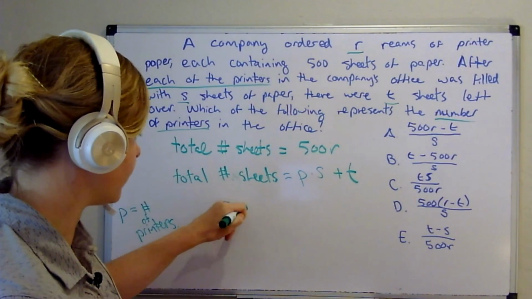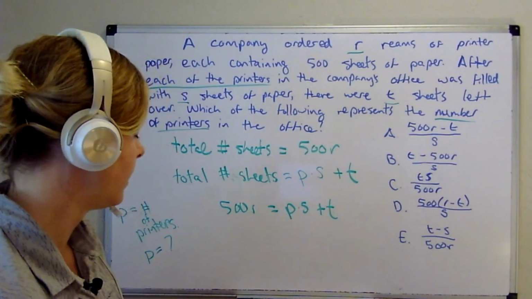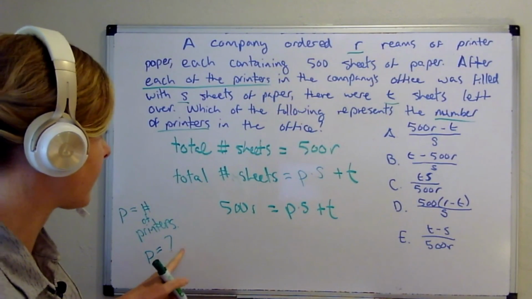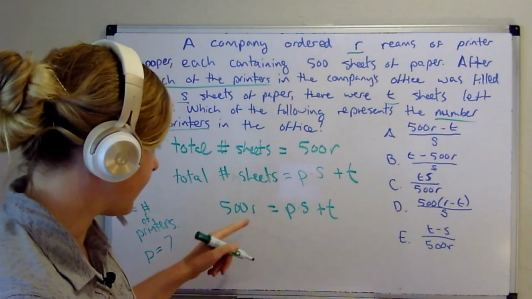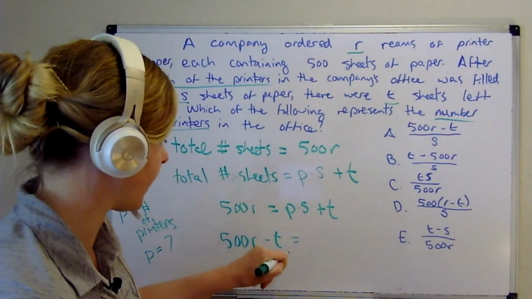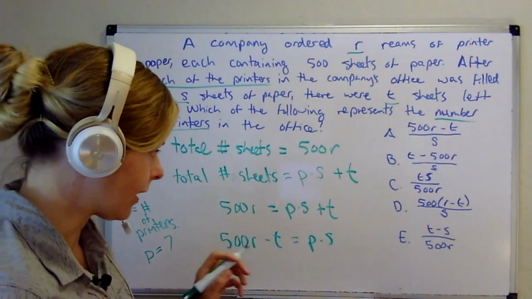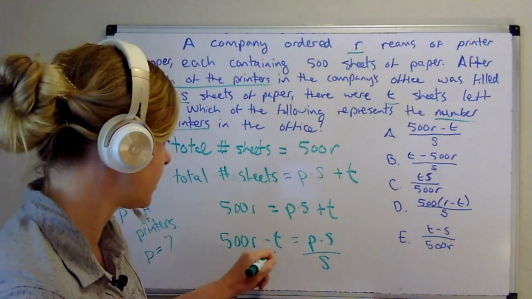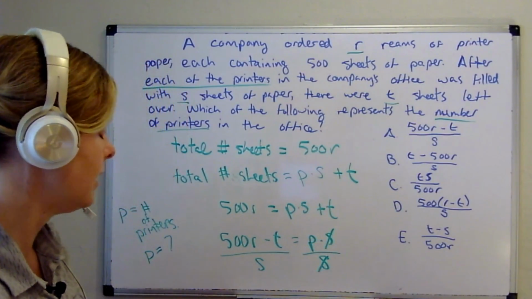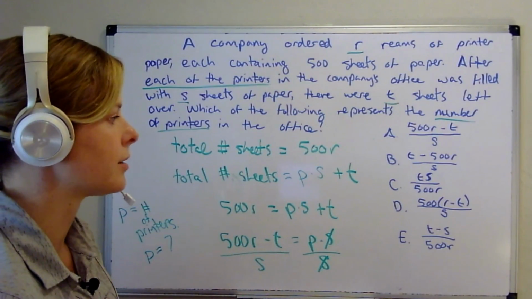I've got 500R is equal to P times S plus T. Now, step by step, I'm going to start solving for P. First, I am going to subtract out T. So I've got 500R minus T is equal to P times S. Then the final step is to divide by S on both sides. These cancel out nicely, and I'm left with P is equal to (500R minus T) divided by S.